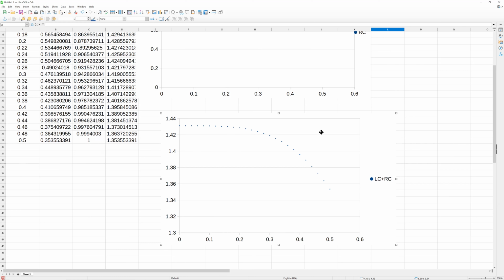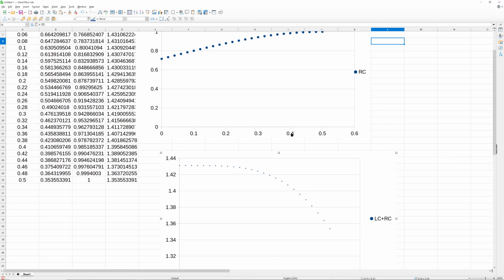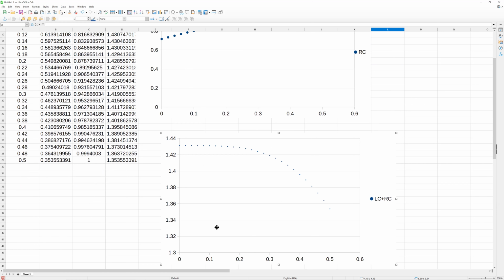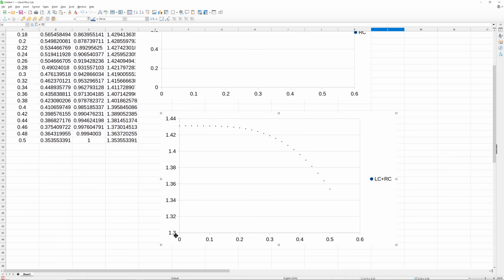By the way, the top graph is actually going from 0 up to a value of 1, but we're looking at a much more close-up scale here. We're only going from 1.3 up to 1.44.